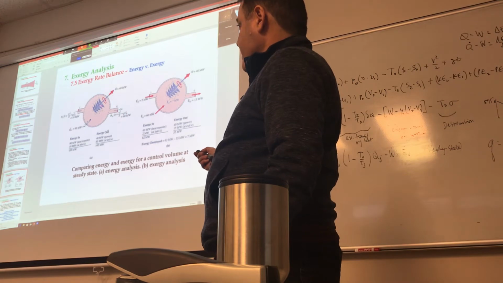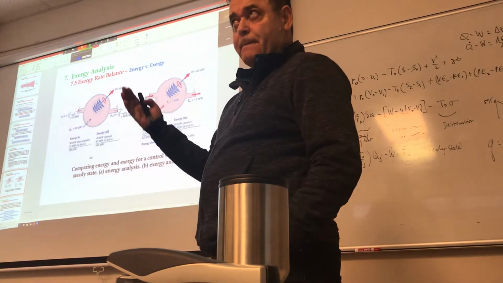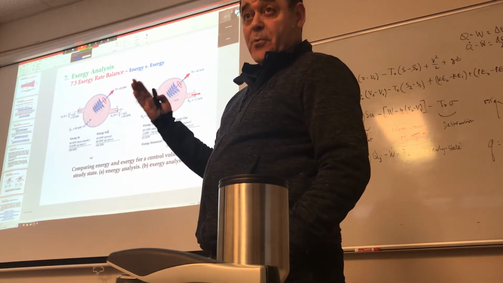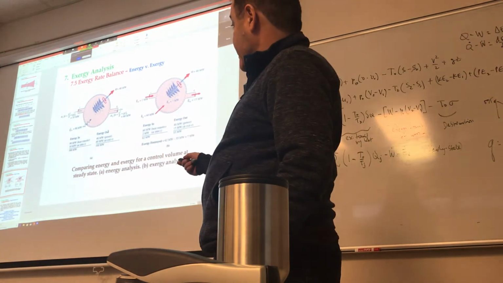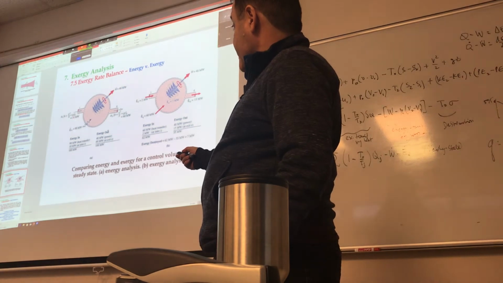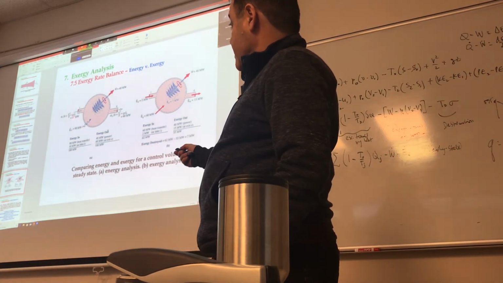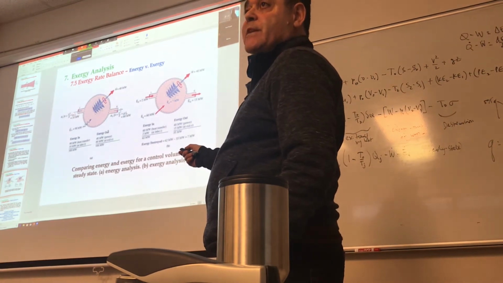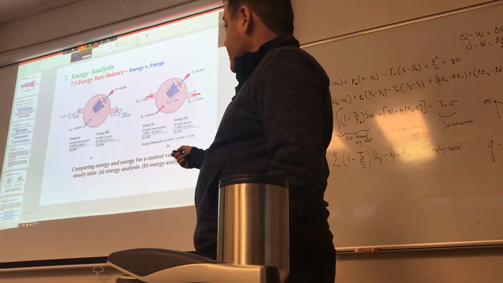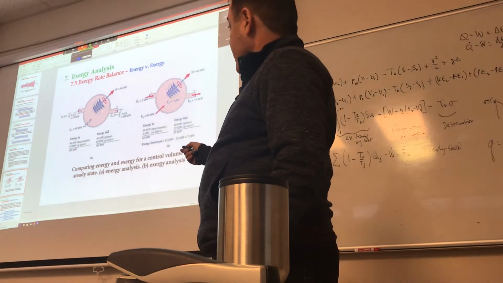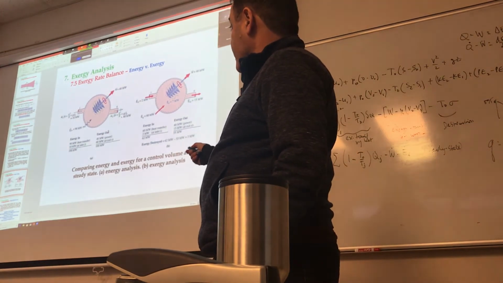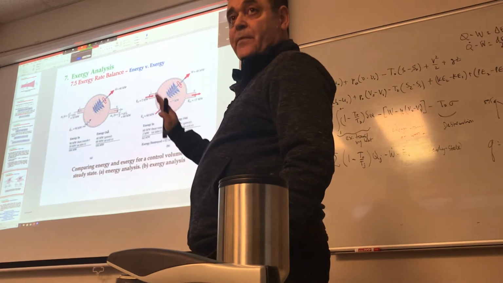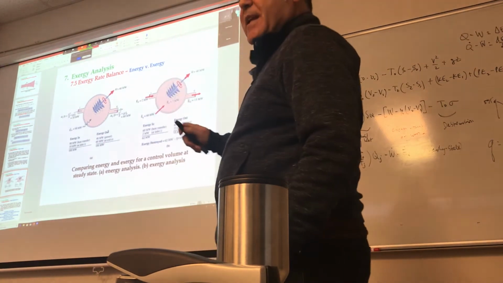So when you look at the energy balance, if you will, whatever is coming in better be equal to whatever is going out. So how much is coming in? Well, what's coming in is 90 through heat and 10 through whatever the fluid is bringing in. So a total of 90 plus 10, which is 100. How much is leaving? Well, you got 40 and 60, so that's 100, so we're good. The first law, for an open system, is satisfied.